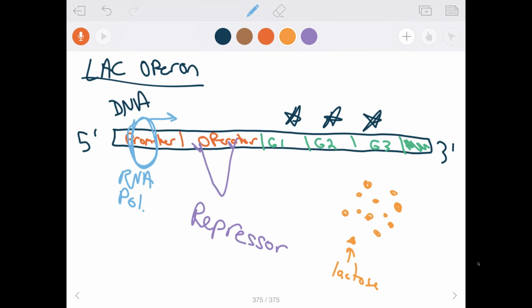What'll happen is one of them will bind to the repressor, and it will let go of the operator.